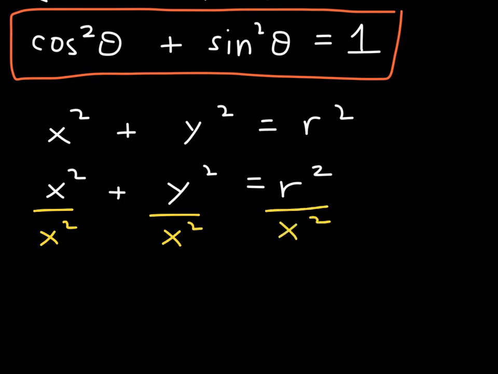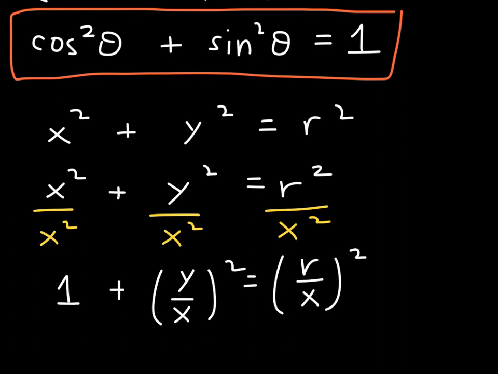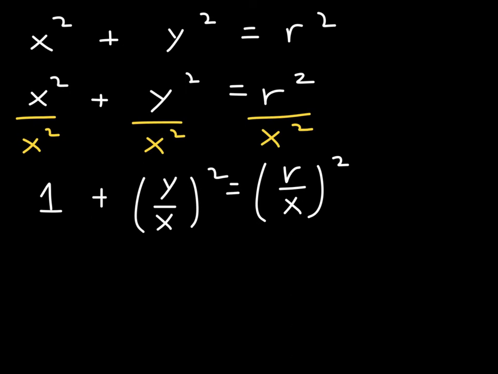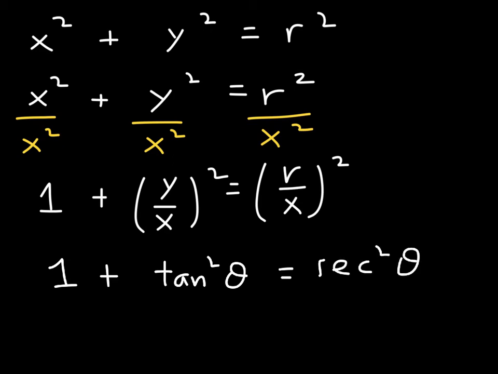That would leave us with 1 plus y over x, quantity squared, is equal to r over x, quantity squared. So then this is 1 plus tangent squared of theta is equal to secant squared of theta. This is another Pythagorean identity. Please add this one to your list, and we'll do one more.